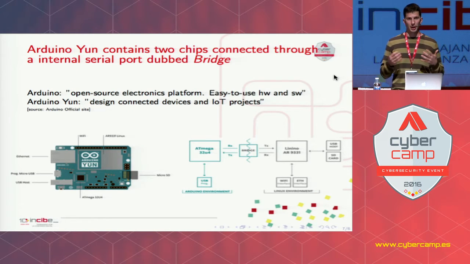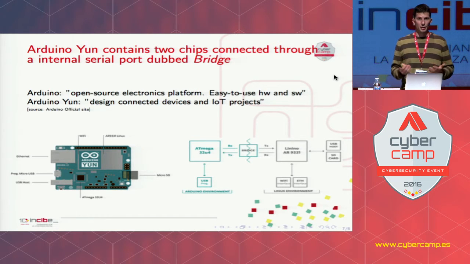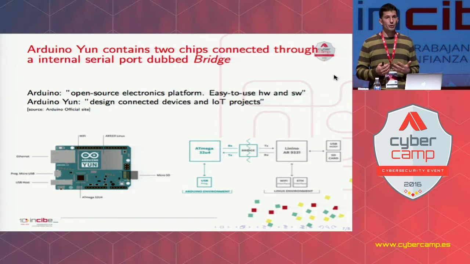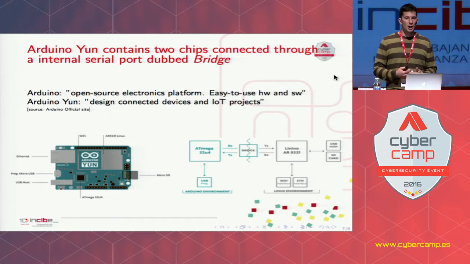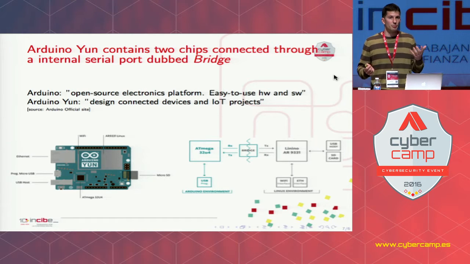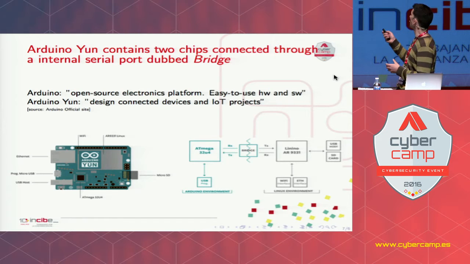So Arduino Yún is a platform for open source electronic projects, both software and hardware. This is ease of use. In the case of Arduino Yún, it also embeds internet connectivity. Arduino is made up of a microcontroller, AVR.